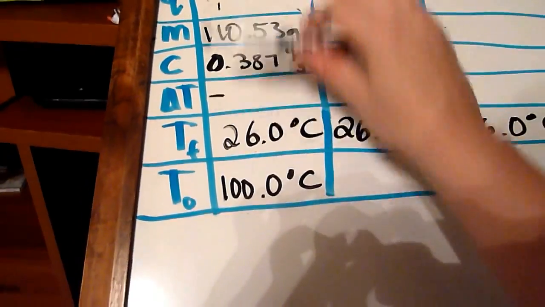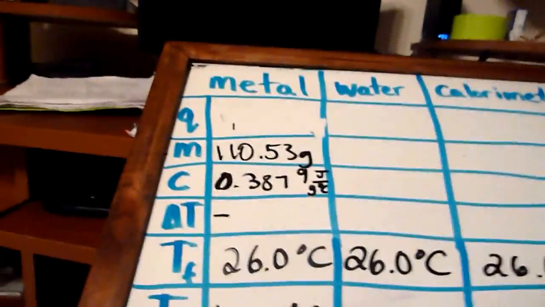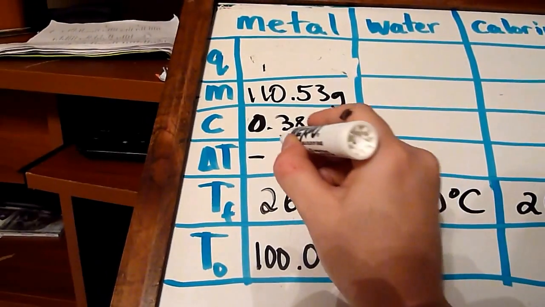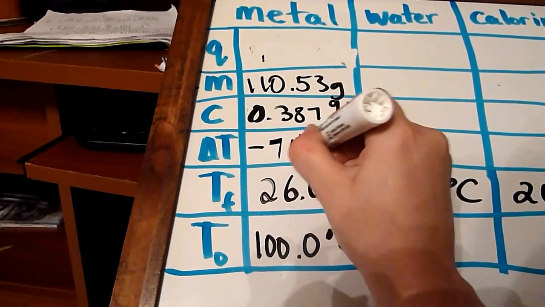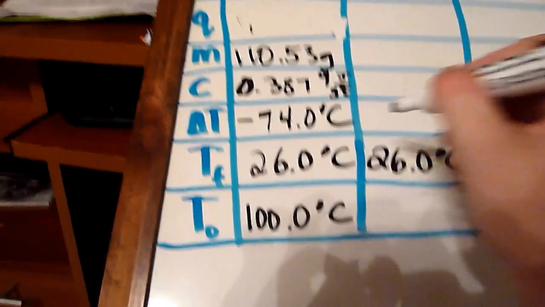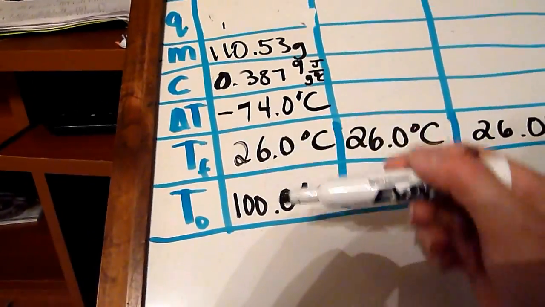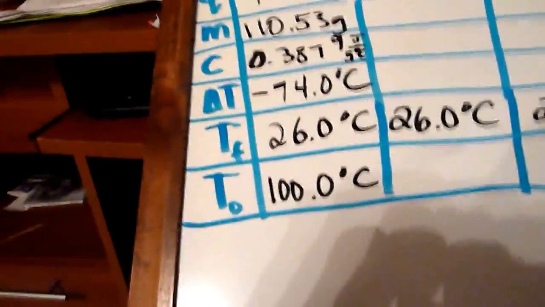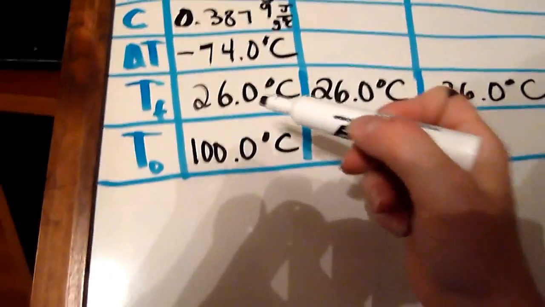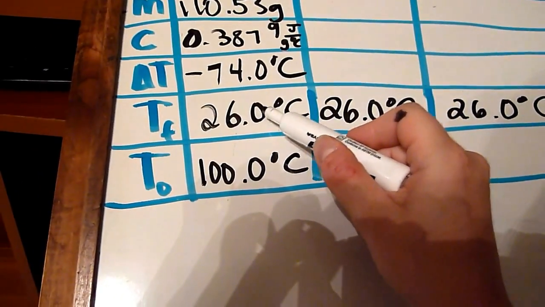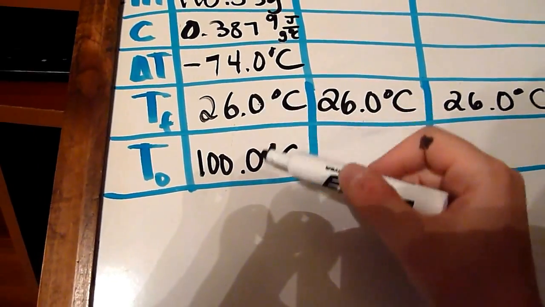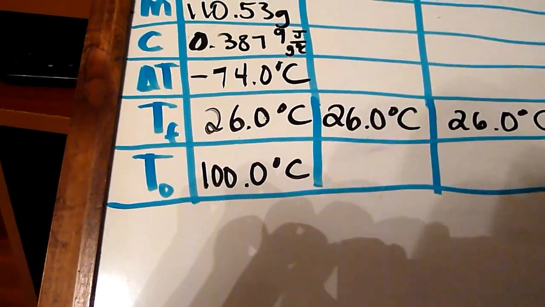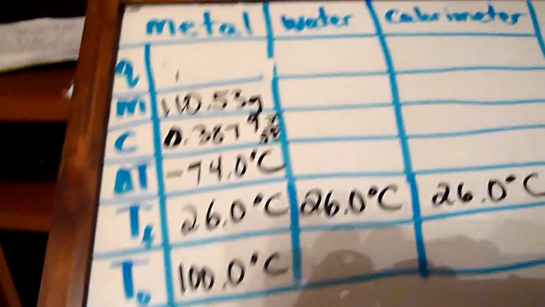So the metal will be losing heat to the water. So our change in temperature is a negative 74.0 degrees Celsius, which is 26.0 minus 100.0. And when we add and subtract, remember our significant figures both come in the tenths place of these two numbers, so we are significant also to the tenths place here.